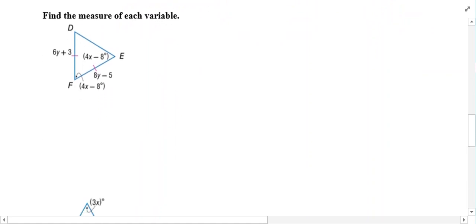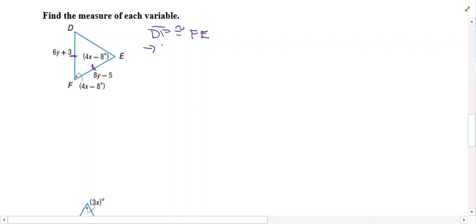For the next one, we want to find the measure of each variable. We know that DF is congruent to FE.